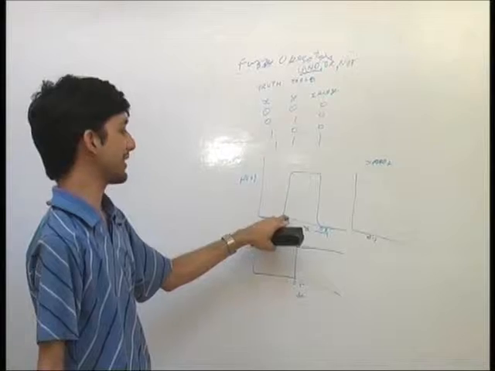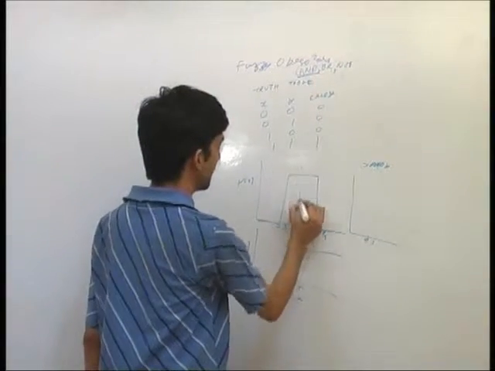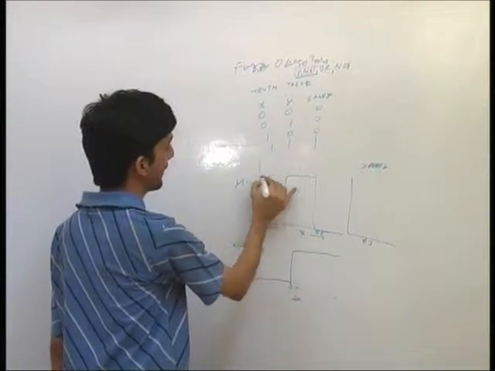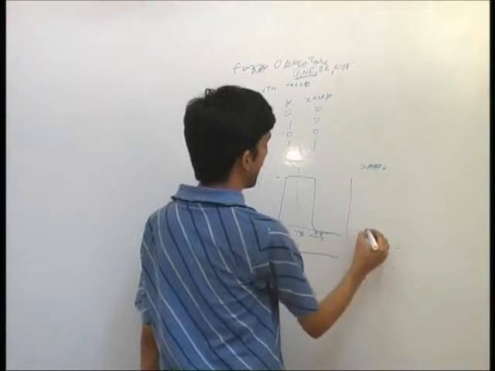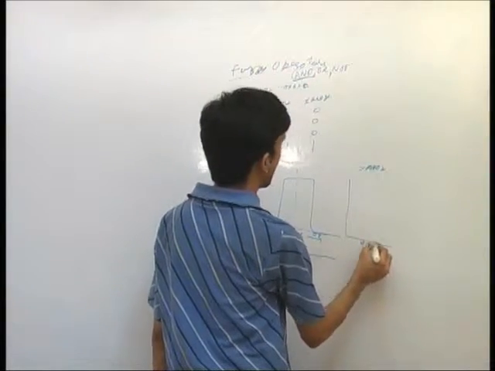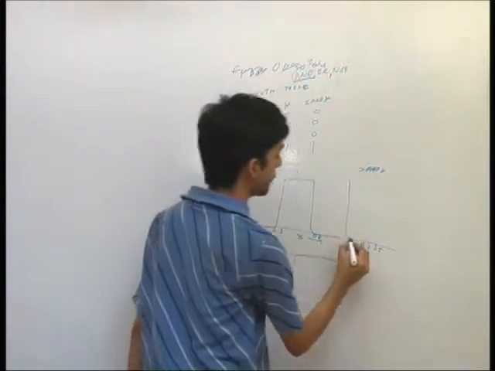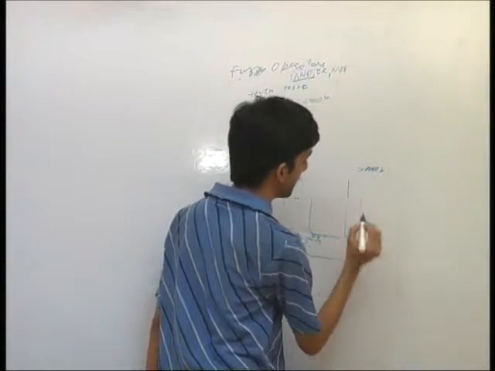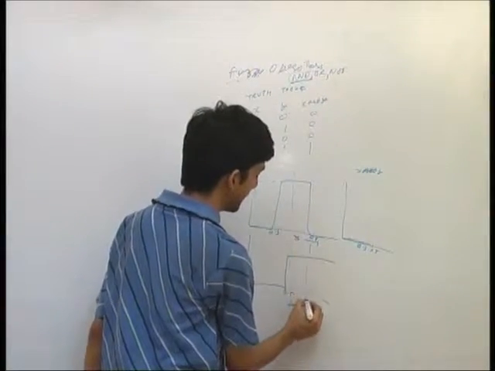Till 0.5, this is 0, this is 1 and this is 0. From 0.3 to 0.5 over here, this shows a membership value of 1 and this shows a membership value of 0. As a result, 1 and 0 will be 0, so I go 0 over here. I go from 0.5 up to say 0.8.